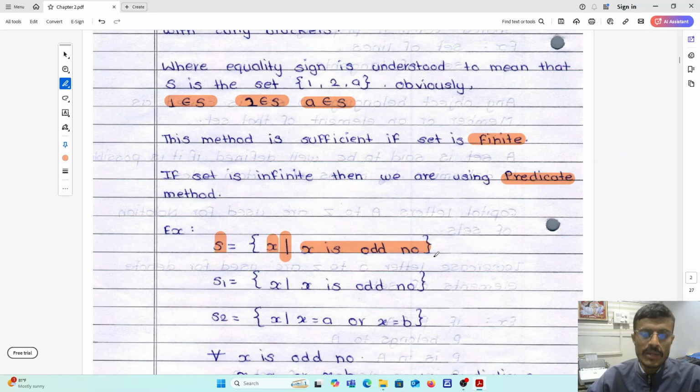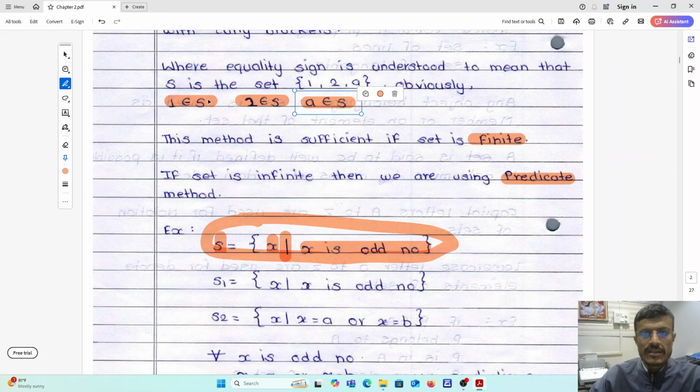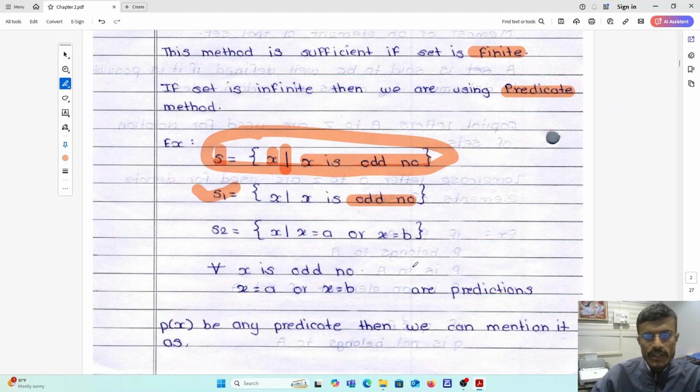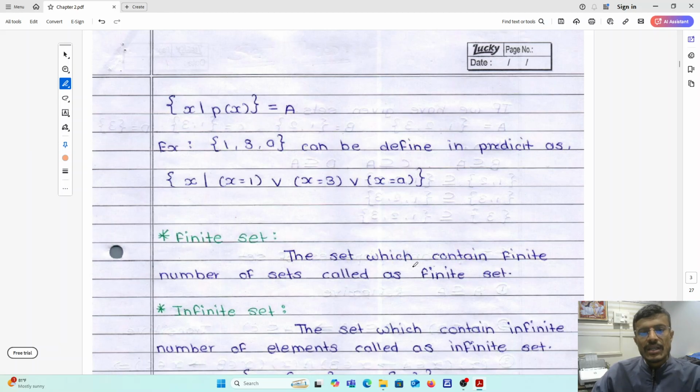Generally odd numbers are 1, 3, 5, 7 in the positive numbers, and negative -1, -3 and so on. So the predicate method is generally used for an infinite set, and the regular method is used for a finite set. Again, this second example, S1, is x such that x is an odd number, and so on. You can see here the predicate method.